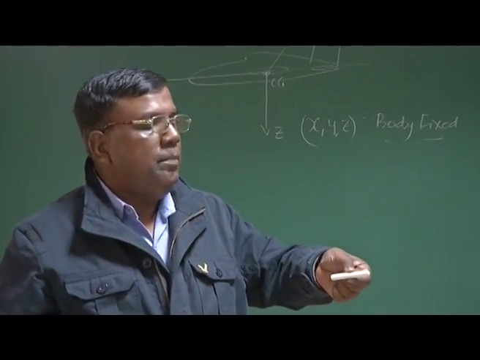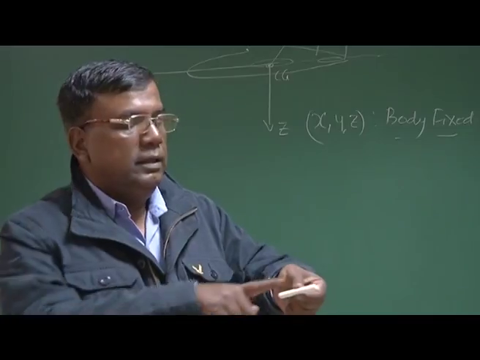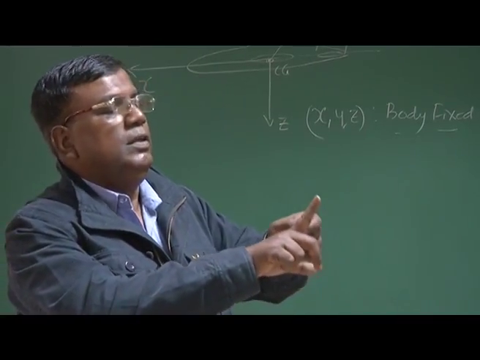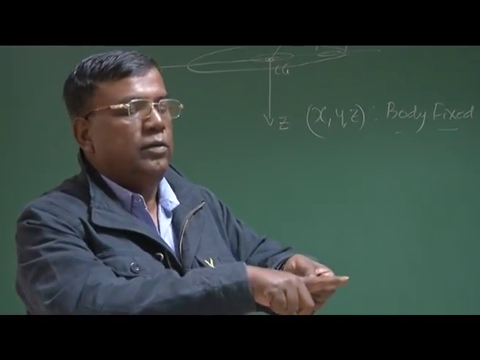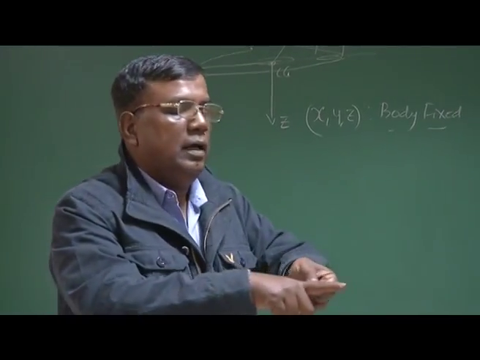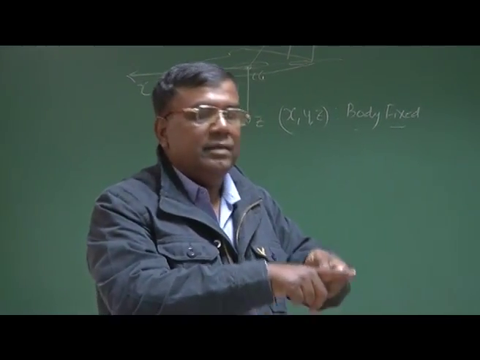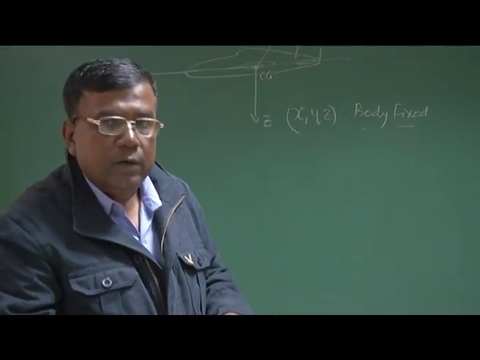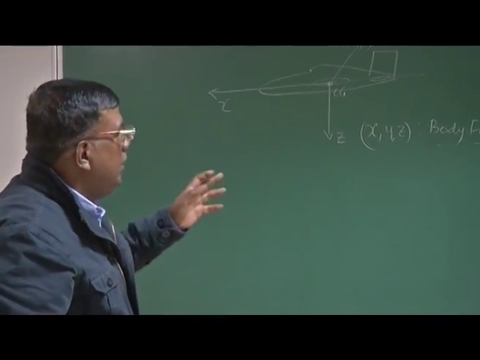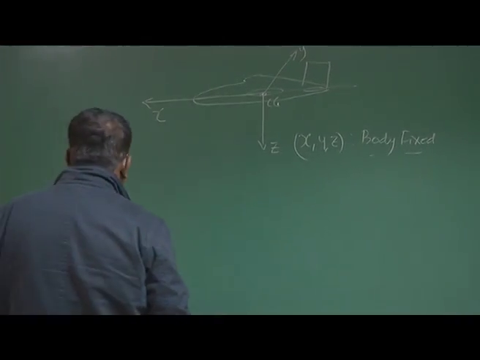So if an airplane takes an angular motion like this, then the axis which was x, it will also move with the airplane. It's body fixed. If it is going like this, everything is moving the same way as the airplane in question is moving. Right? That is why I am calling it a body fixed axis system.